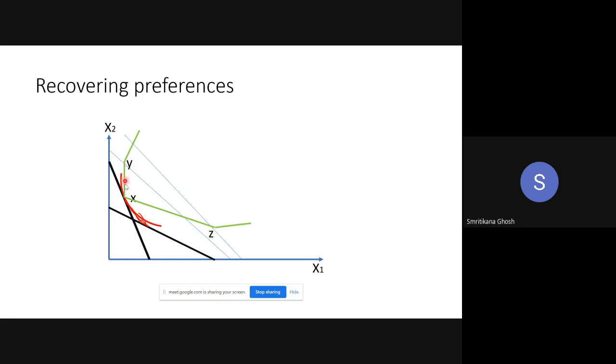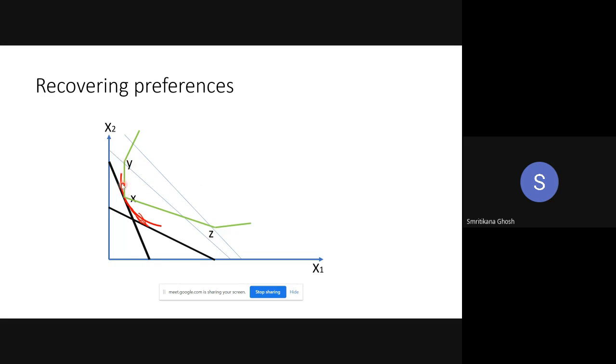So if you join like this, say initially you are getting XY. Y is given the budget line, this one, Y is the consumption point. Okay, given this budget line, Y is the consumption point. So the XY line, you are just getting the straight line by joining X and Y, and from there you are getting another range that any point above this straight line is more preferred to the point on this straight line.